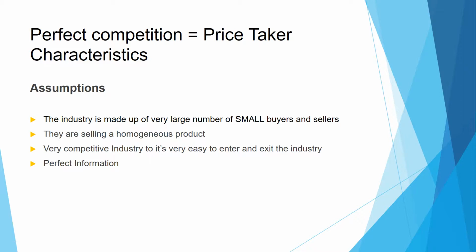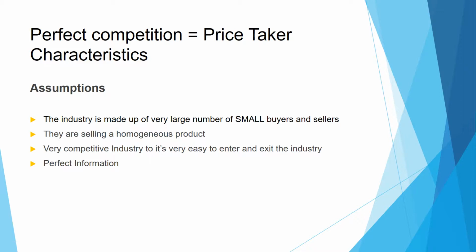So there's a lot of competition because there are a lot of sellers, and they can only sell so much. And in terms of buyers, there is a very large number of small buyers, and they can only buy so much. One consumer cannot go out and buy all the milk that's available in the market. So that's the first assumption.